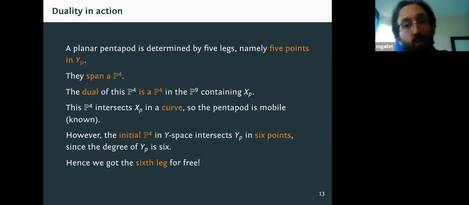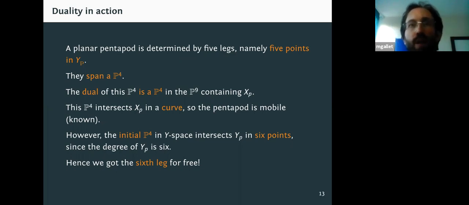And its dual, if you do the computation, is also P4. Now we have a P4 in a P9, and in the P9 there is this variety XP, which has dimension 6. Well, this means that this P4 will intersect this variety XP in a curve. And here we rediscover what we already know, namely that a planar pentapod, and in general actually any pentapod, is mobile because the space of configurations is a curve.